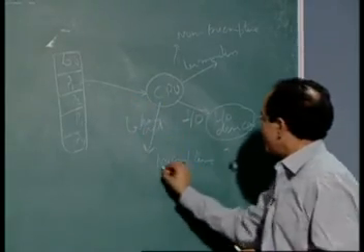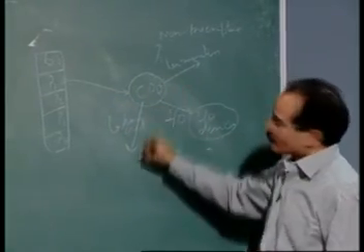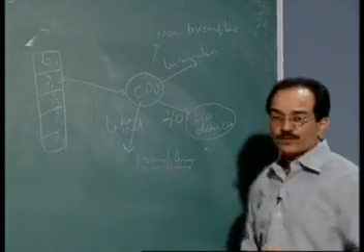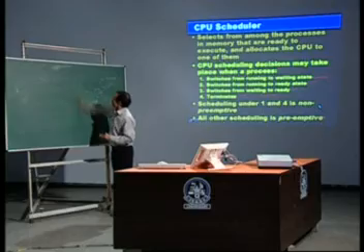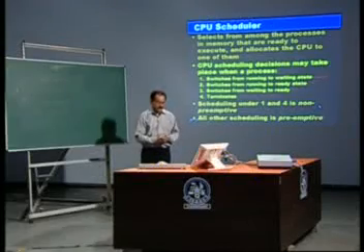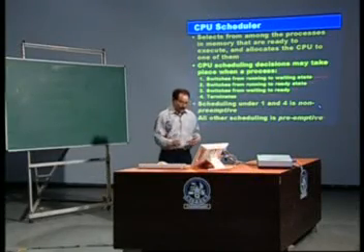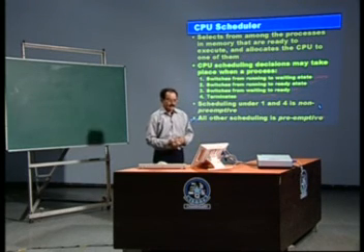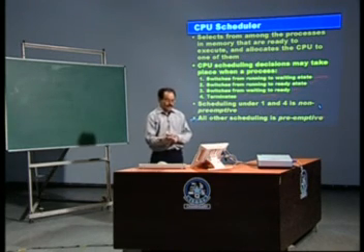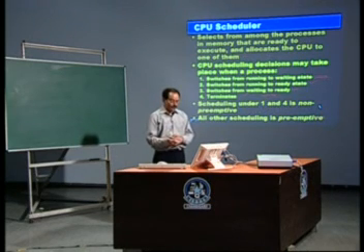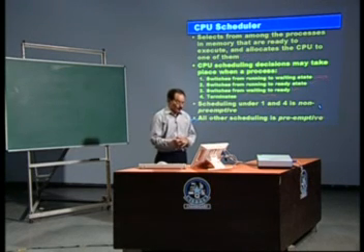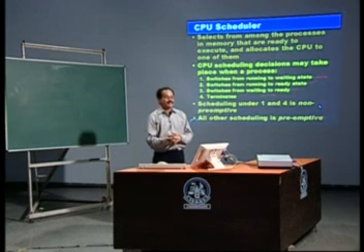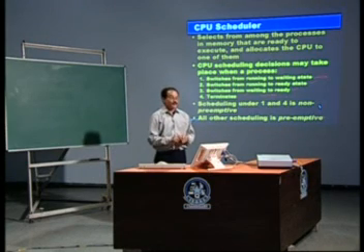We call that preemptive scheduling. That means it has not completed, but it has been forced to vacate that place. So, as I said, the states 1 and 4 are the ones which come of their own, so we say they are non-preemptive, and states 2 and 3 are preemptive scheduling.